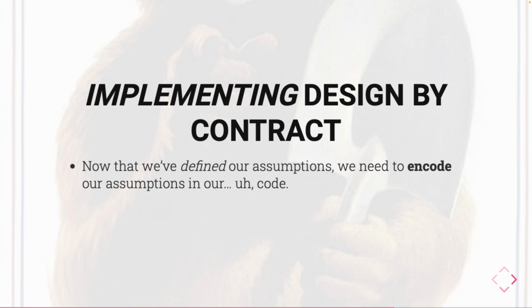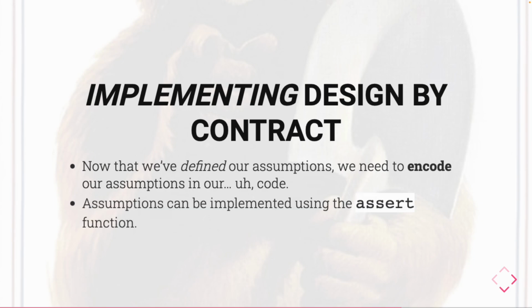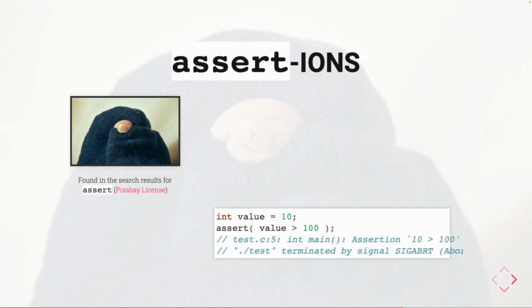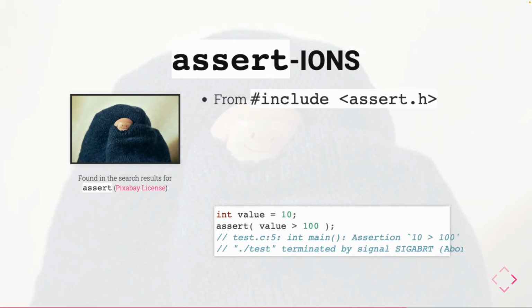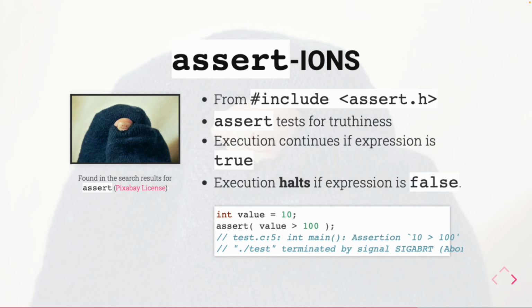So now that we've defined our assumptions, we need to encode them. And that will be done using the assert function. You include assert.h, and then it tests for truthiness. The execution continues if the expression is true and halts if the expression is false.